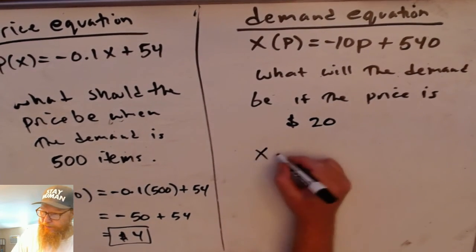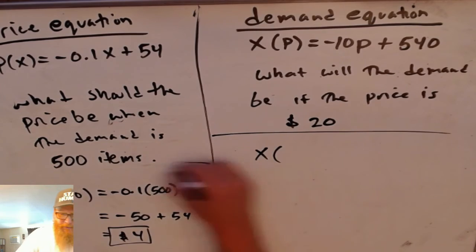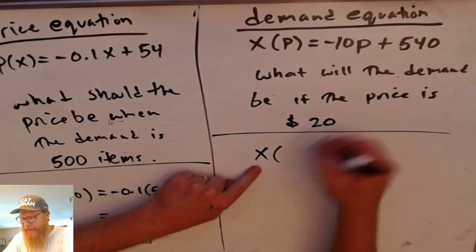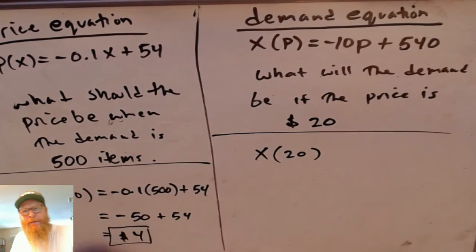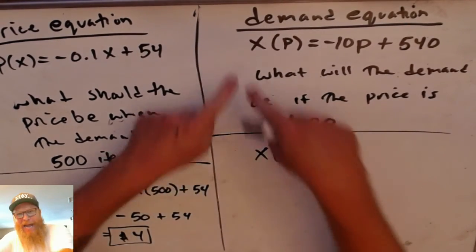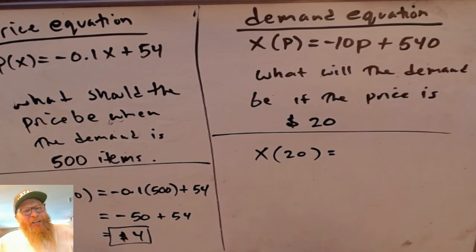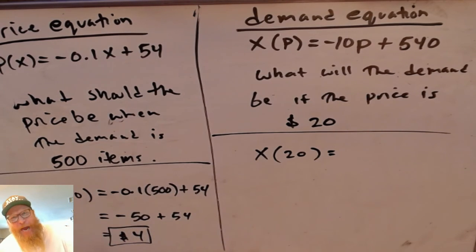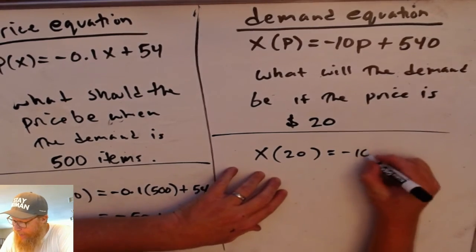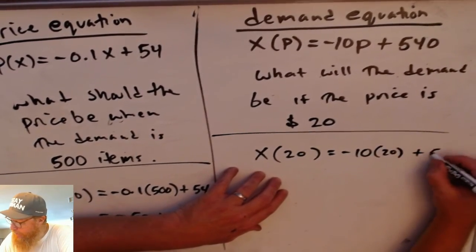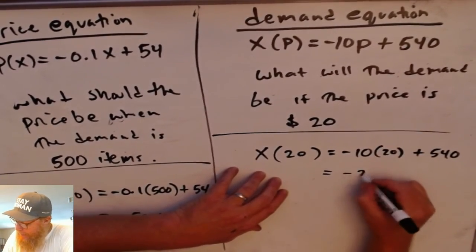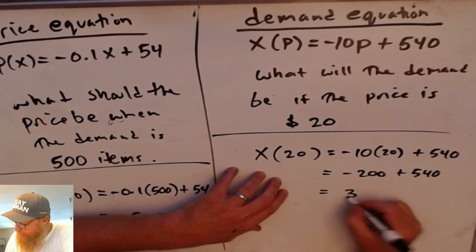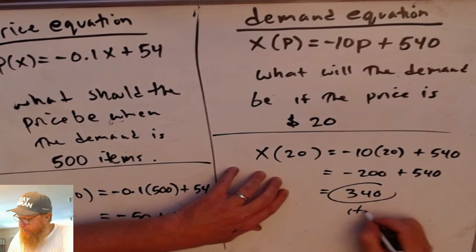The price is $20. All right, well, now we're going to use the other one. We use the demand equation, plug in P as our input. So what's weird about this is x is kind of acting like the function now. When in the old days, x was the input. Now x is actually the output. We get negative 10 times 20 plus 540, negative 200 plus 540. The demand would reduce to 340 items.